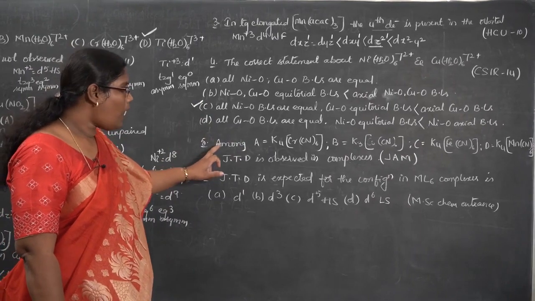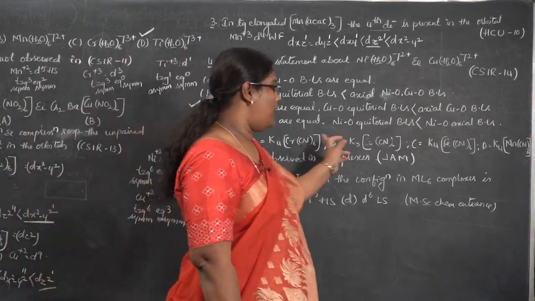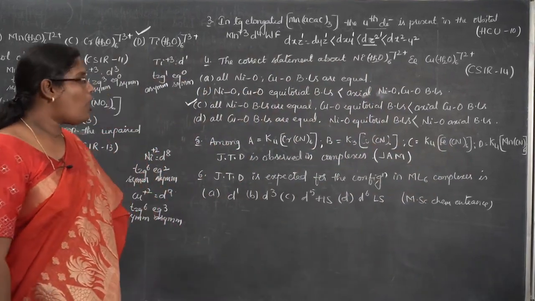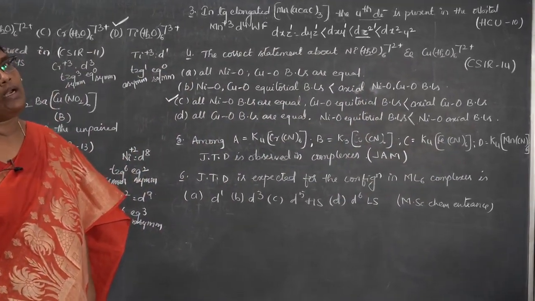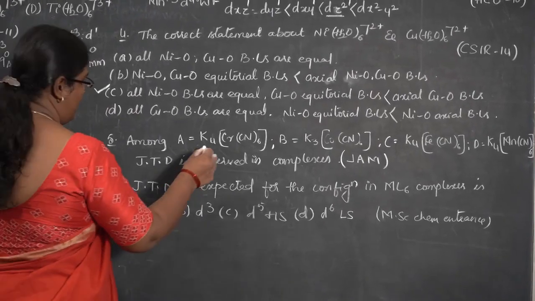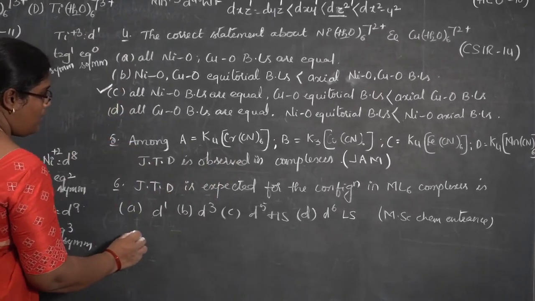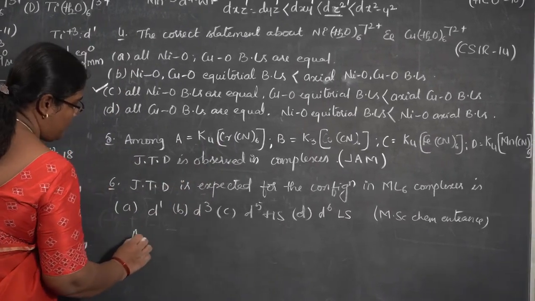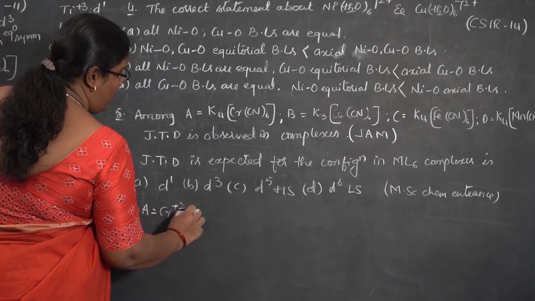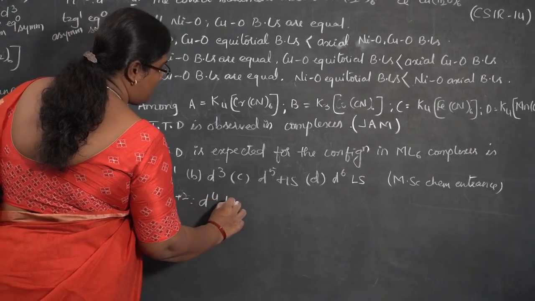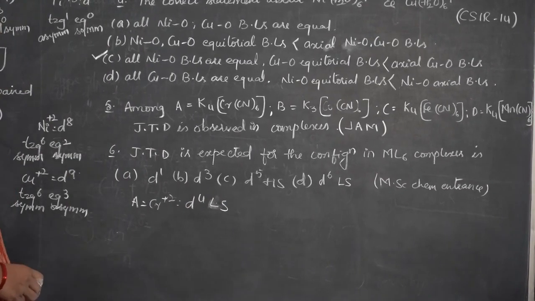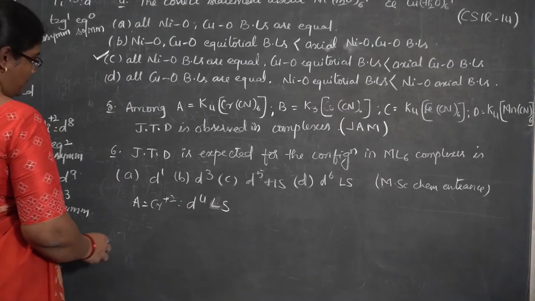Next, among the list of complexes given to you, you should identify which complex undergoes the Jahn-Teller distortion. So if you take the example, first question, if you see the A complex, first complex, it is Cr plus 2, it is D4 low spin because cyanide is strong field ligand.